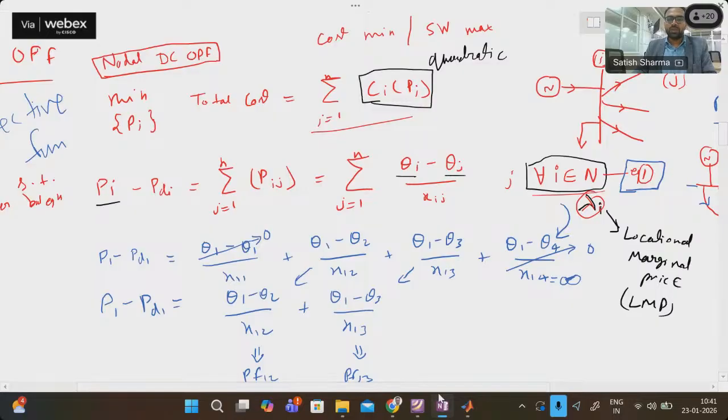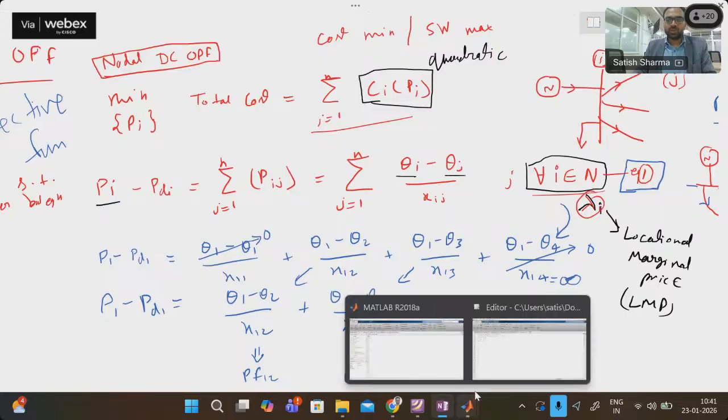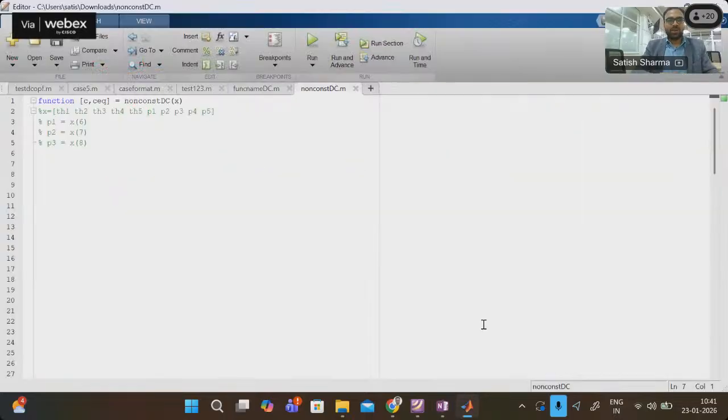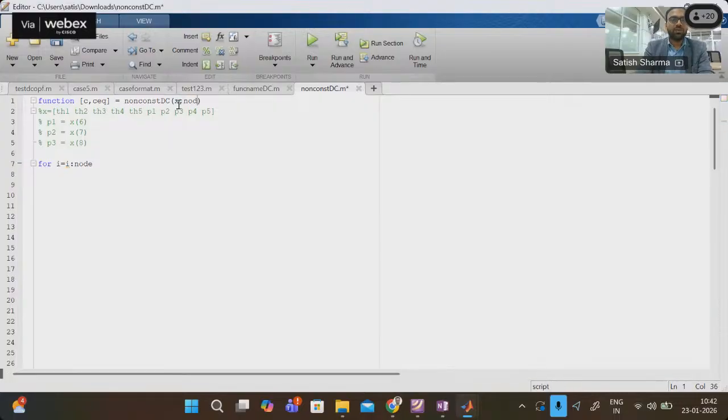So let me go back here and use for i equals 1 to nodes. I have nodes defined, so I will assume I get it from the main program, because we have defined the number of nodes there. So I will apply a for loop here.